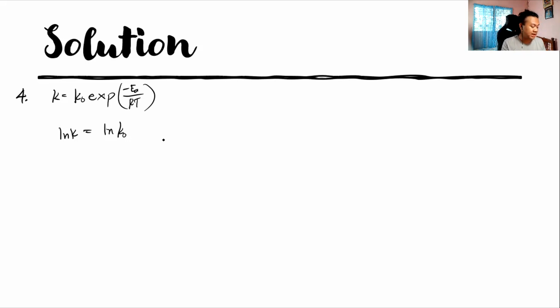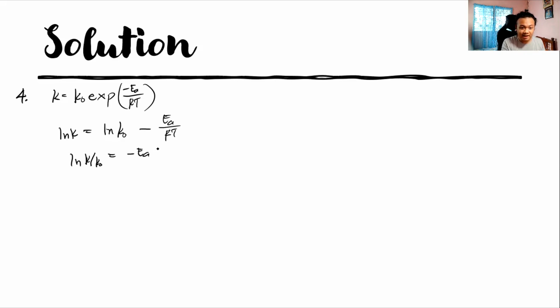If you take the natural logarithm, because it's in exp, you get minus EA over RT. Next, let's put EA on one side and T on the other side.